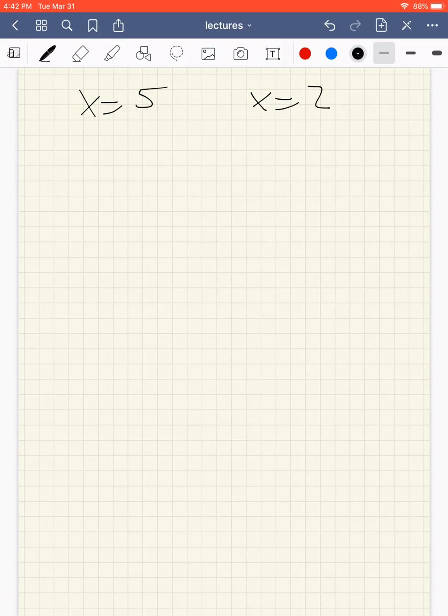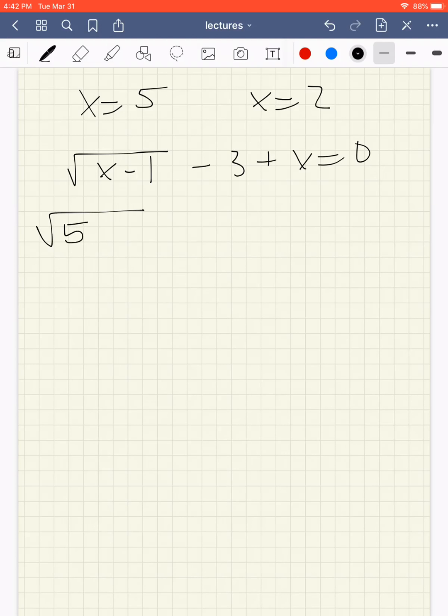And the original equation was the square root of x minus 1 minus 3 plus x equals 0. So we check both of these. So square root of 5 minus 1 minus 3 plus 5 has to be equal to 0. And the square root of 2 minus 1 minus 3 plus 2 has to be equal to 0.